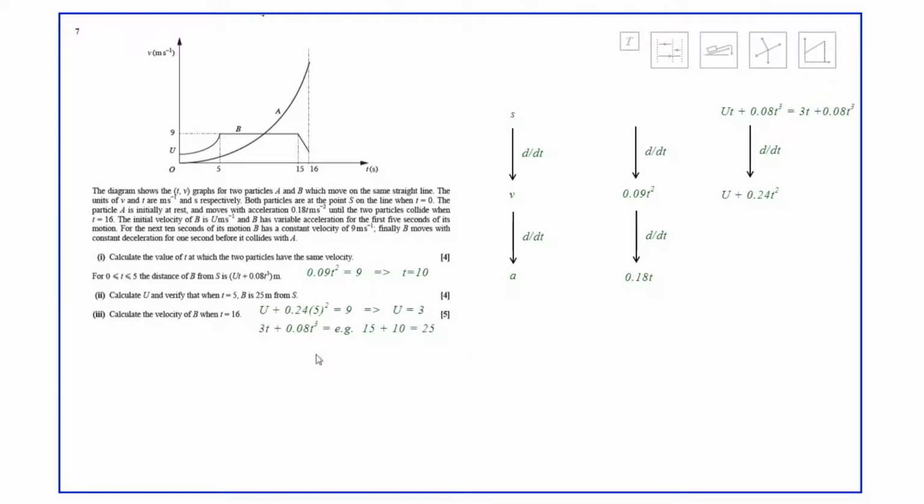For the case where t is 5, 3t is going to be 15, and then this term looks ghastly, but it turns out to be 10. 0.08 times 125: well, 8 times 125 is 1000, so divide by 100 to get 10, and then we verified as requested.